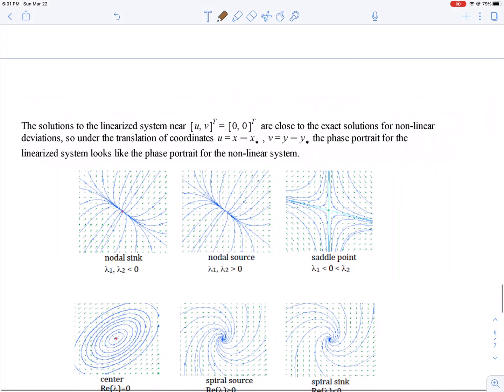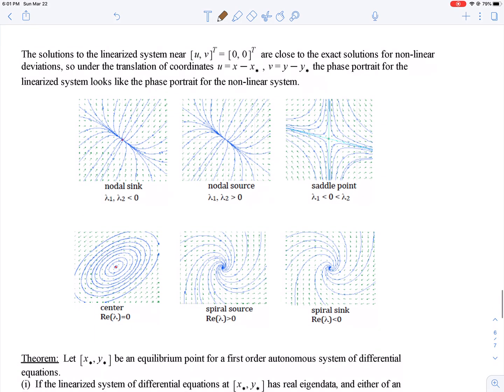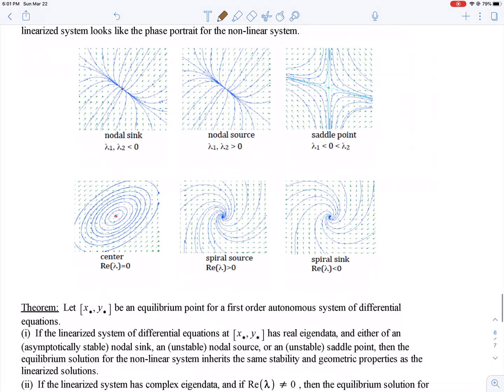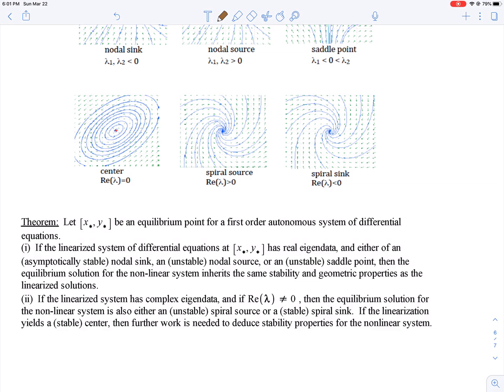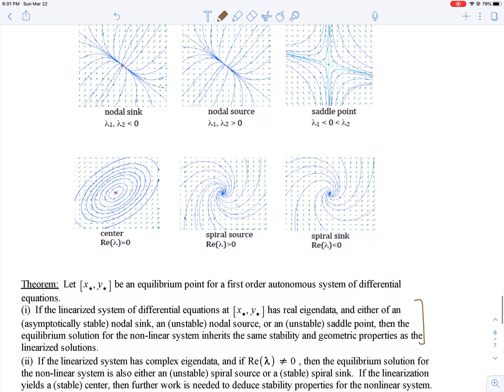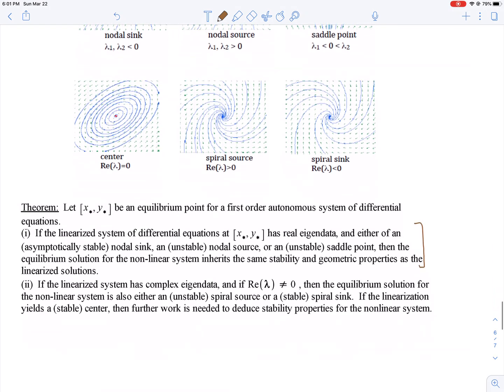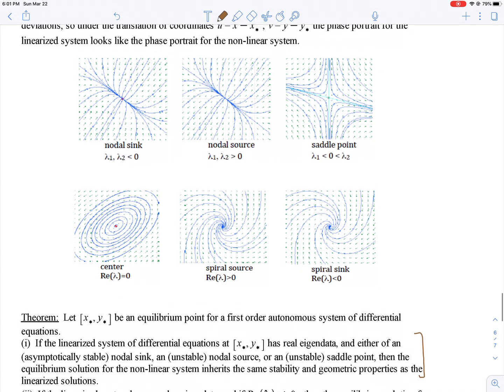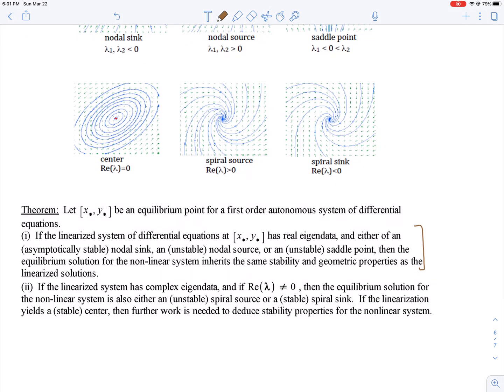Now there's a theorem that we can't prove in this course because it takes some heavy-duty analysis. It says that in 5 of the 6 cases we've considered, if the linearized solutions look like they did in the previous section, in other words, they're a nodal sink, a nodal source, a saddle point, a spiral source, or a spiral sink, then the nonlinear solutions look just like, how's that for mathematical rigor, the linear solutions at the corresponding equilibrium points.